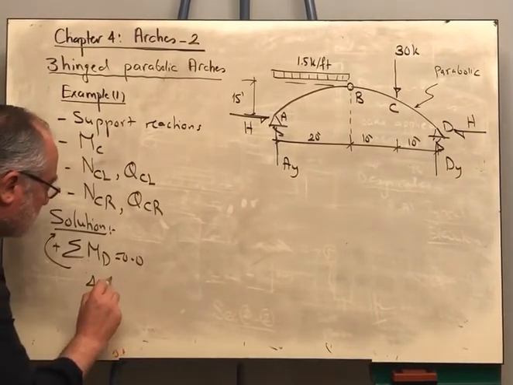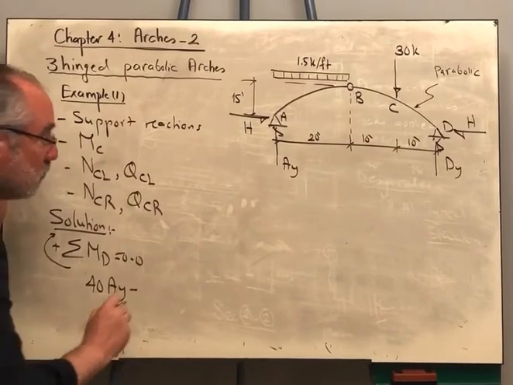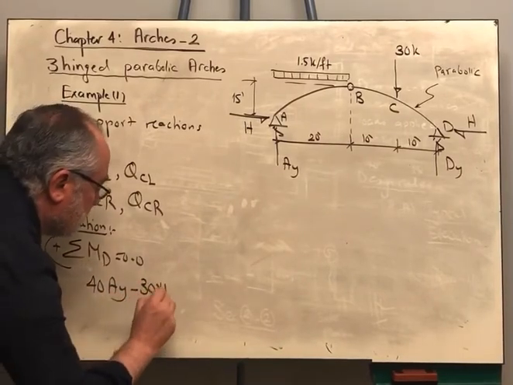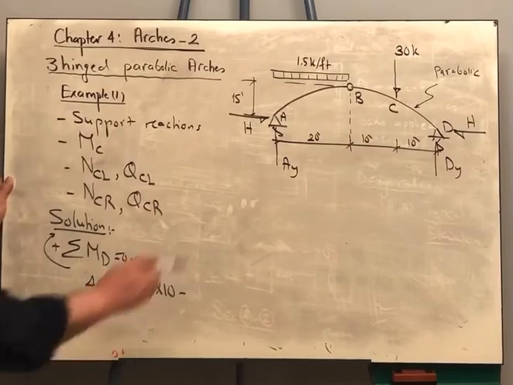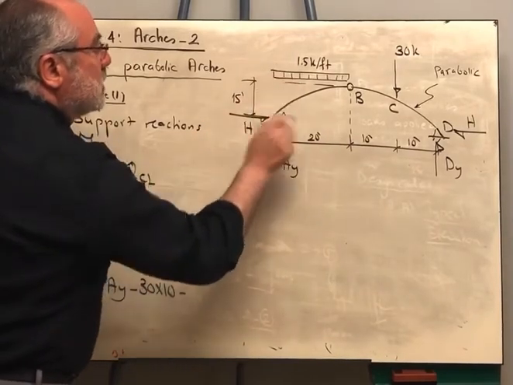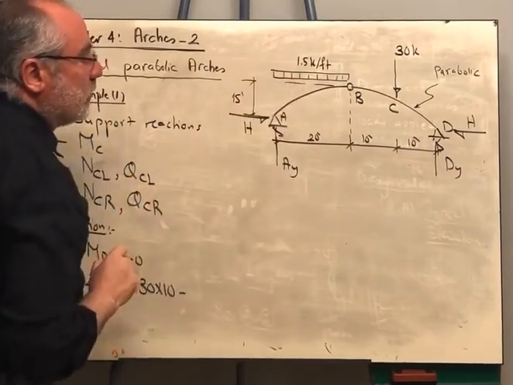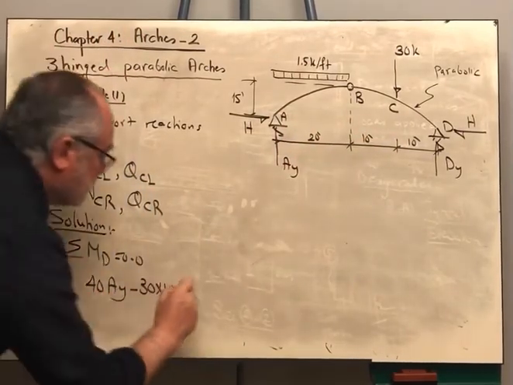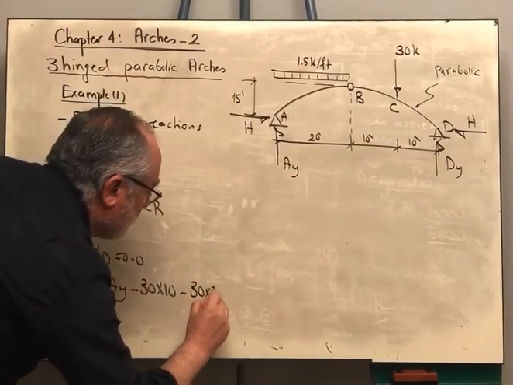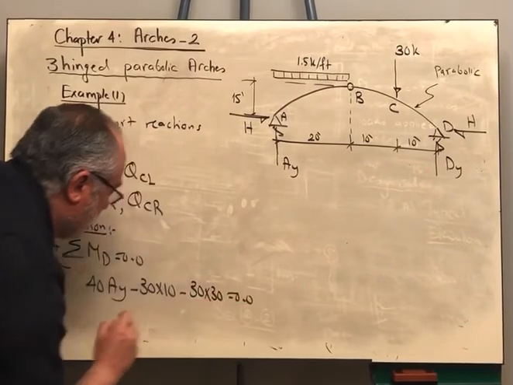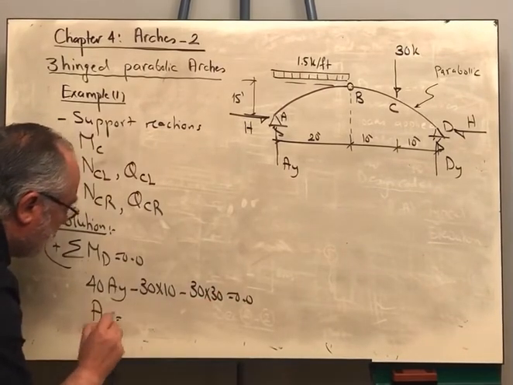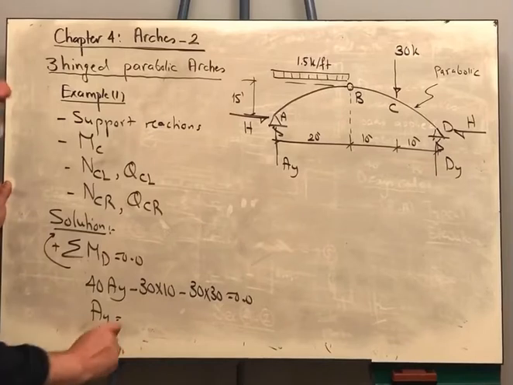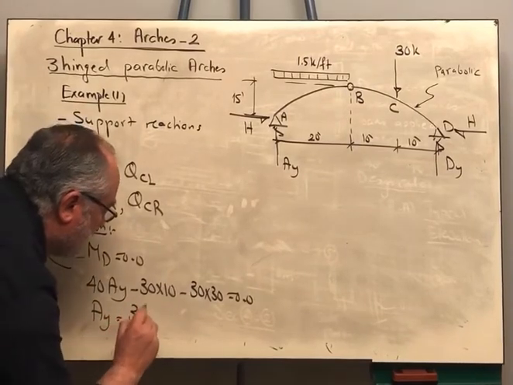Then I'm having 40 AY minus 30 by 10 minus the resultant of this load, which is also 30. It is 1.5 by 20, and it is at a distance of 30 foot. From there, you will get the value of AY, and it will be equal to 30 kips.